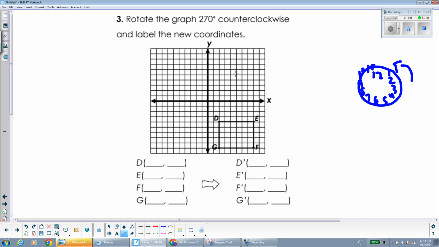So it's going to go 90, 180, 270, and it's going to end in quadrant 3. But that's the same thing as doing a 90 degrees clockwise rotation. Because if we take this and we rotate it 90 degrees clockwise one time, it will end up in the same quadrant. So rather than doing 3 90-degree counterclockwise rotations, you can just do one clockwise rotation to take all the points and turn it into here.